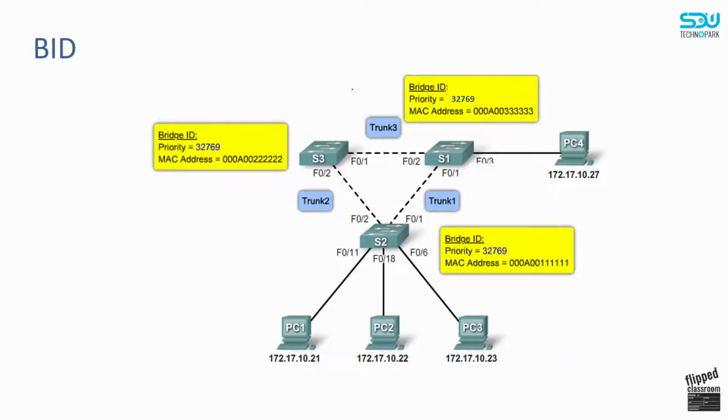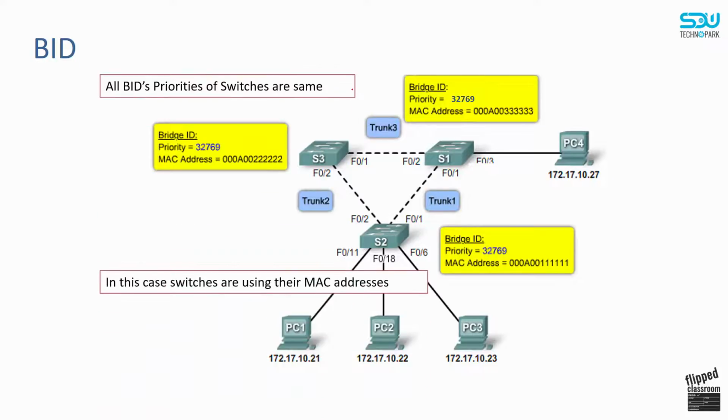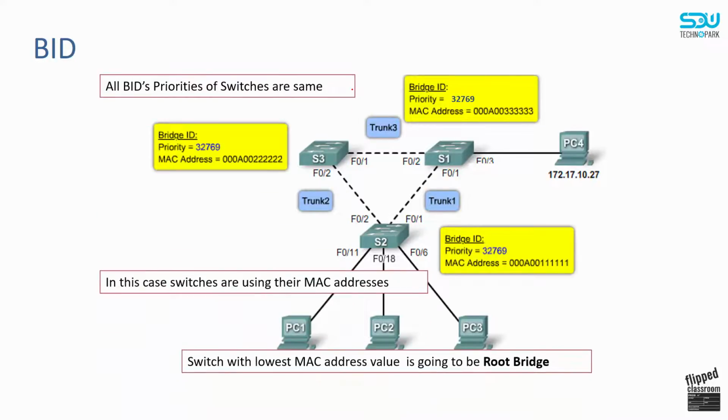Alright, let's take a look at another example in which you are able to see that all of the priorities are the same, and due to the fact that we are not able to distinguish switches by the priority values, switches use the MAC address of each of them to identify which switch is going to be the root bridge. In this case, the root bridge is going to be elected as switch 2.